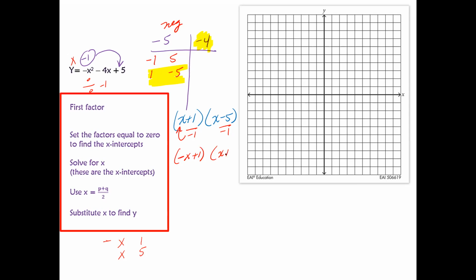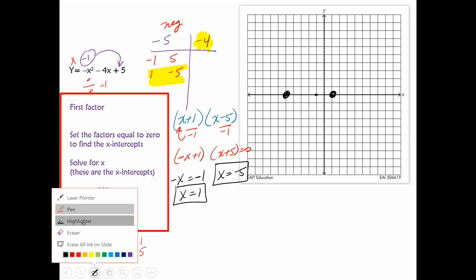And then x plus 5 equals 0. So your 2 answers here are negative x equals a negative 1, positive x equals a positive 1. Here, positive x equals a negative 5. So then I have 1, and 1, 2, 3, 4, 5.